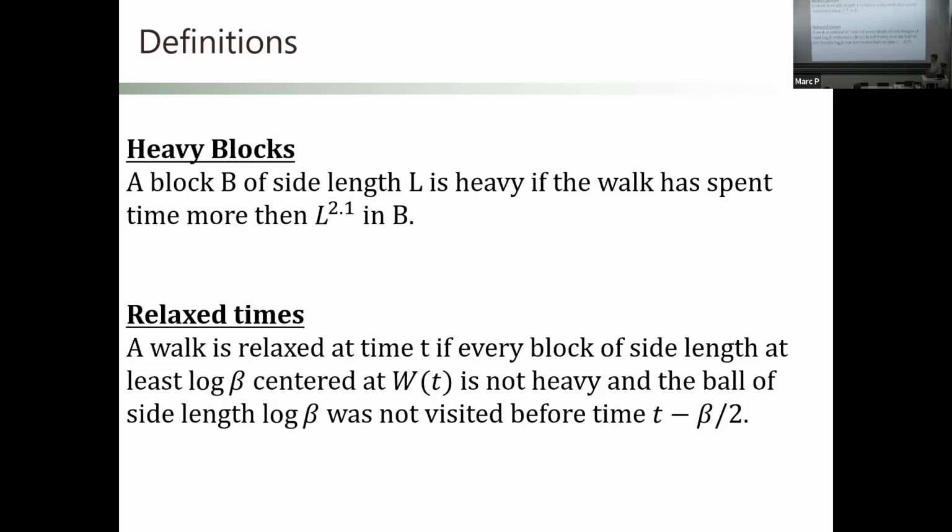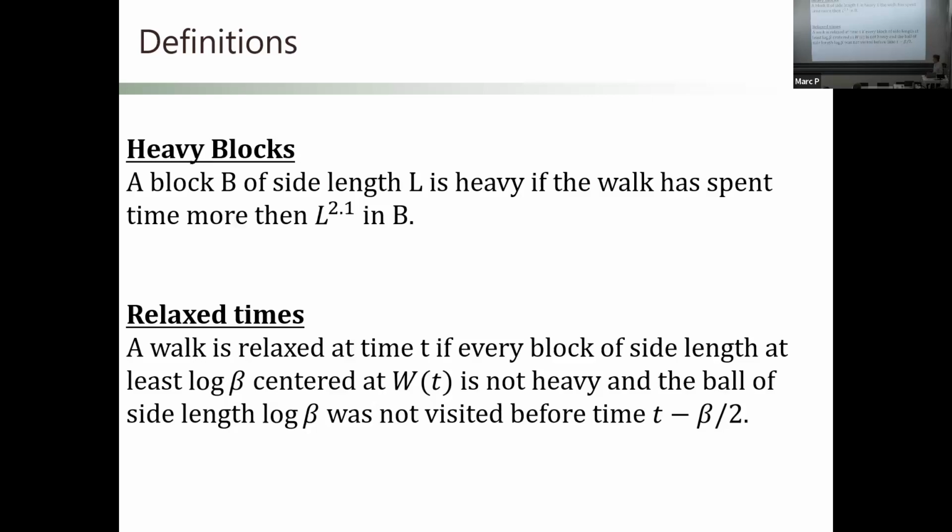It's sparse enough that it's easy for random walk or Brownian motion to miss it. And this is the key place that we're using that the dimension is at least 5. It wouldn't be true in dimension 4, say.